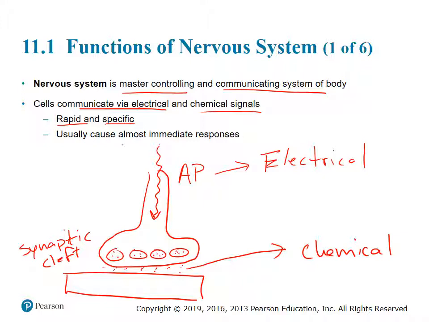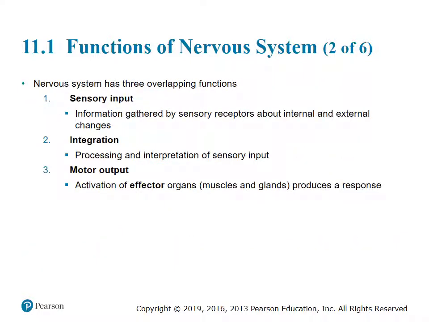It's an almost immediate response; when we talk about rapid, we mean very, very fast signaling of the nervous system. We've talked about these before, for example when we talked about homeostasis at the beginning of the course. And we use these directly in the nervous system.